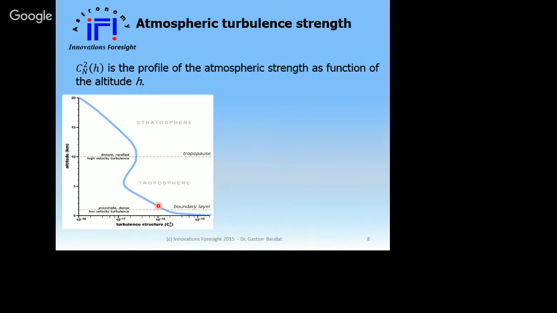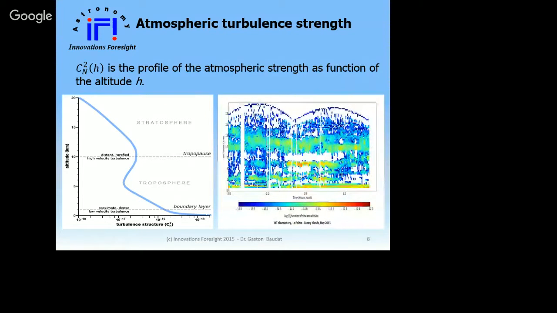Above that, you have a drop of the turbulence down to roughly 5 kilometers, and then you see an increase toward the boundary between the troposphere and the stratosphere at roughly 10 kilometers. But what's important to remember is that most of the turbulence comes from the boundary layer close to the ground.